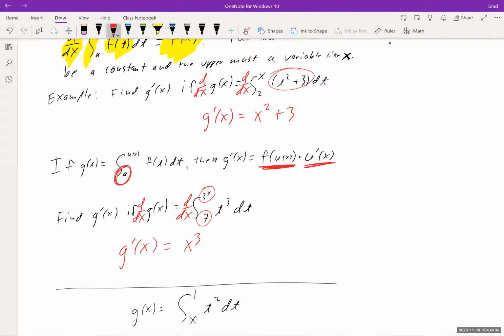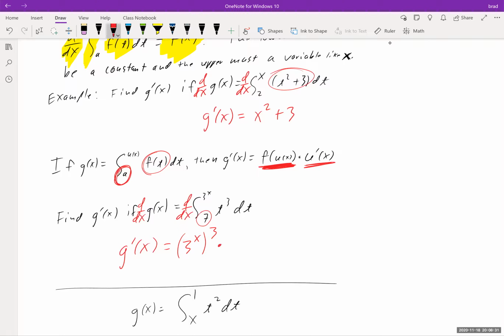However, it's not a plain old x. So we have to change this, and we have to realize whatever this is, f of u of x. Well, this is my f of t, right? So I have to plug in whatever my upper limit of integration is. So that's 3 to the x. So I'm going to take 3 to the x, and I'm going to cube it, okay?